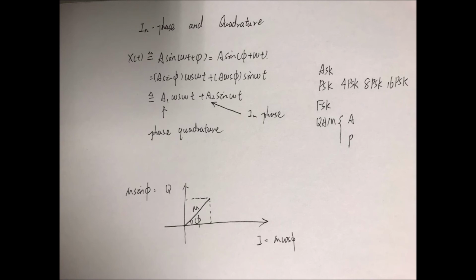Now, sine of alpha plus beta, I get sine alpha cosine beta, plus cosine alpha sine beta. So any problem with this part? Look what I have.